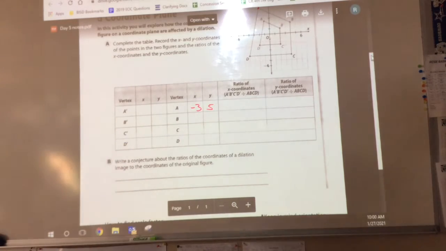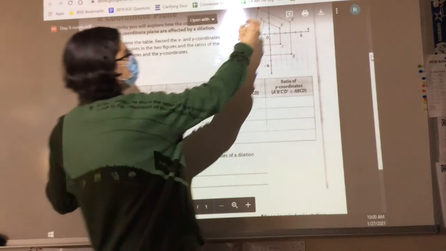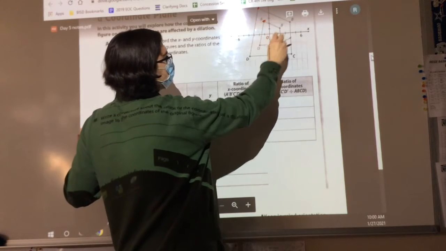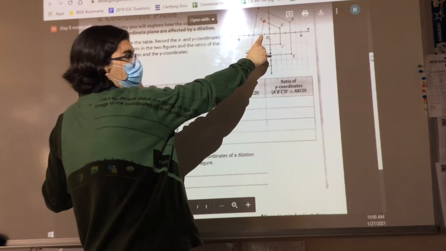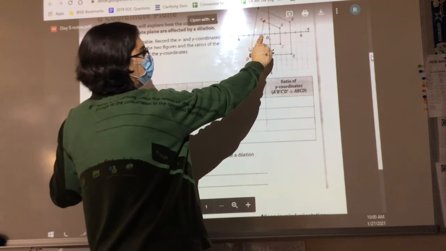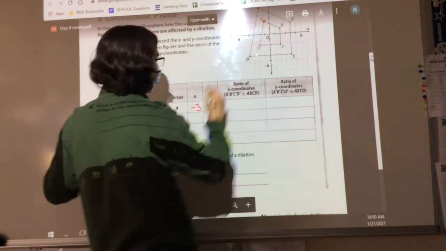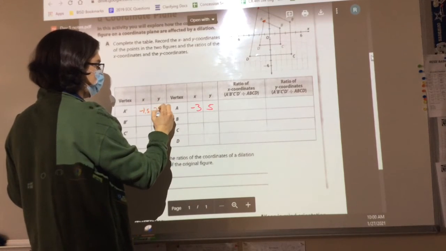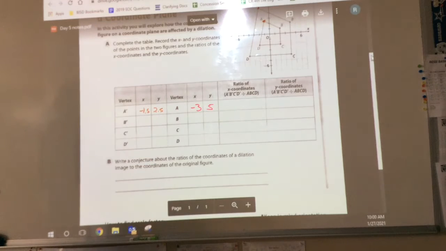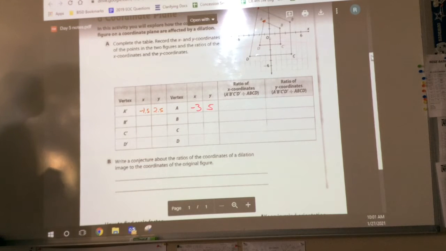We'll use brown for that one. That's going to be right here, at negative 1.5. Can everybody agree why I'm at negative 1.5? It's going to go up to positive 2.5. We're going to have negative 1.5 and then positive 2.5. We're okay there? Any questions on how I filled that in?